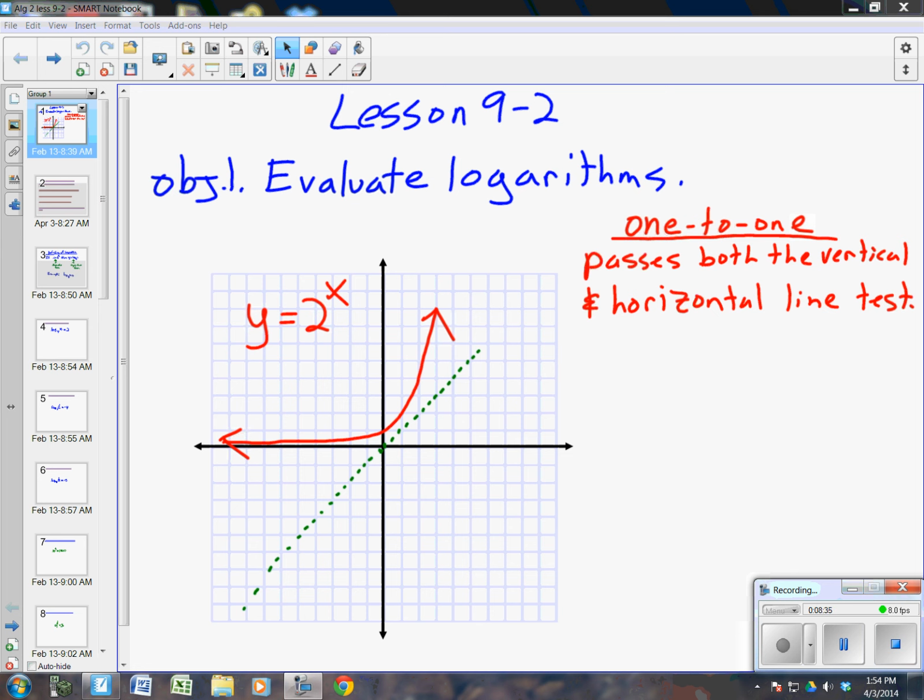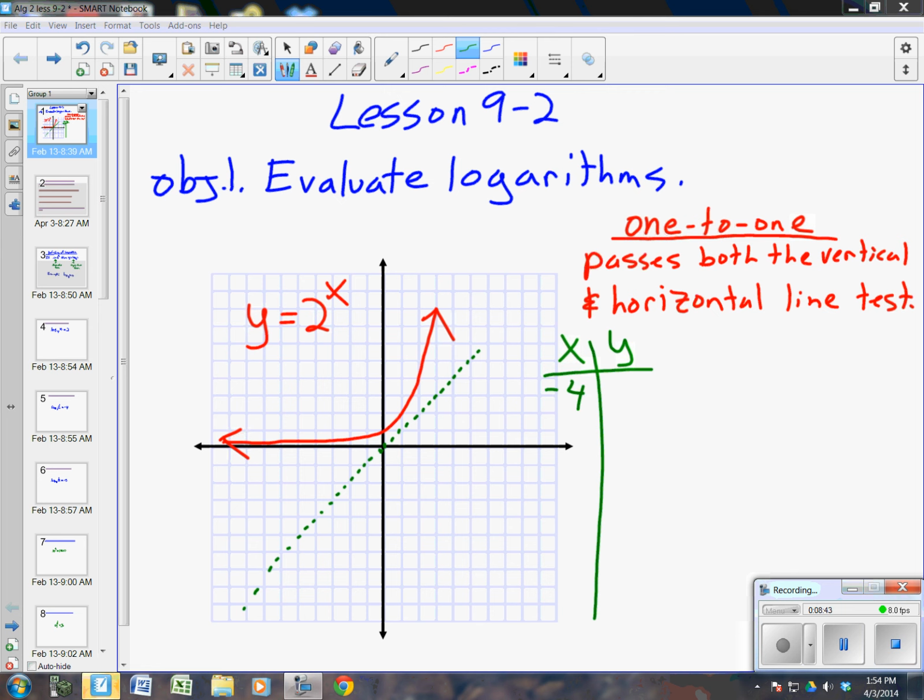So what we're going to do is make a table of values for this exponential function. We're going to start off with -4, then skip to -2, -1, 0, 1, 2, and 3. If I put -4 in here, what's 2 to the -4 power?